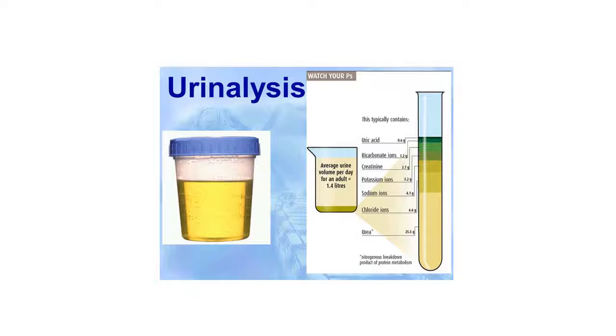Some textbooks and medical manuals say that up to 2 liters, or half a gallon, is still within norm. But remember, in diabetics, what is the volume of urine that they discharge per 24 hours, day and night?